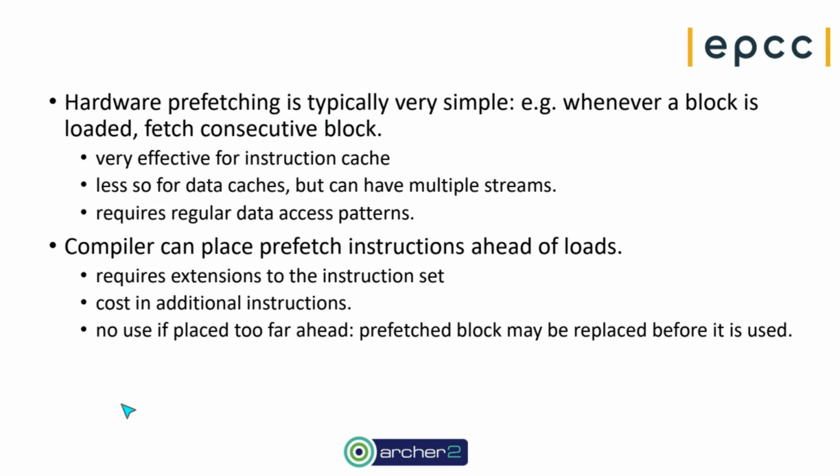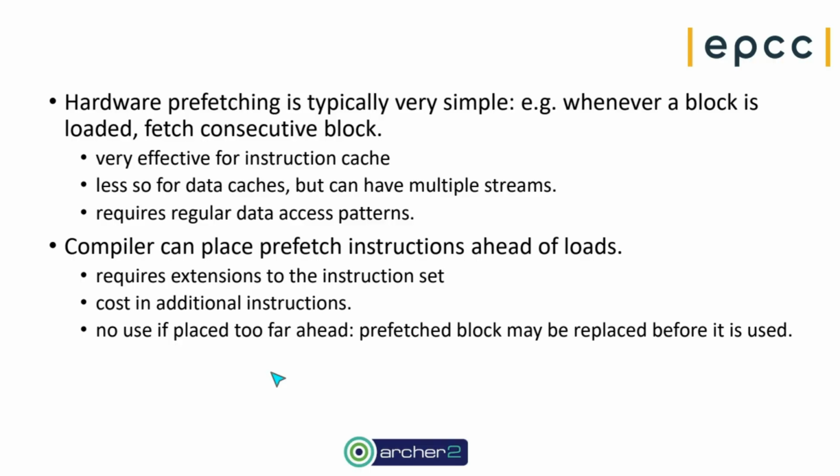So hardware prefetching is actually pretty simple. Basically, whenever a cache block is loaded, then fetch the consecutive block in memory. This works really well if your application is accessing memory in sequential order, because that pattern is recognized.